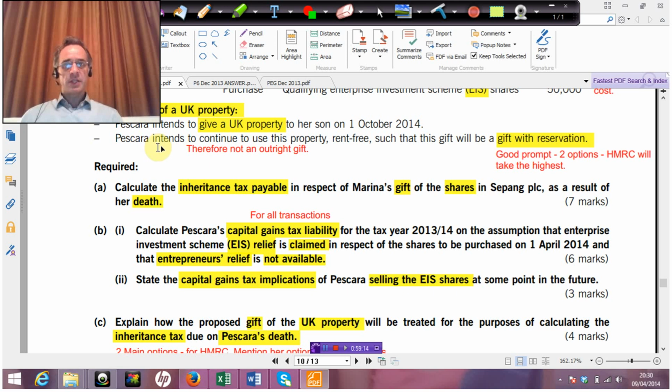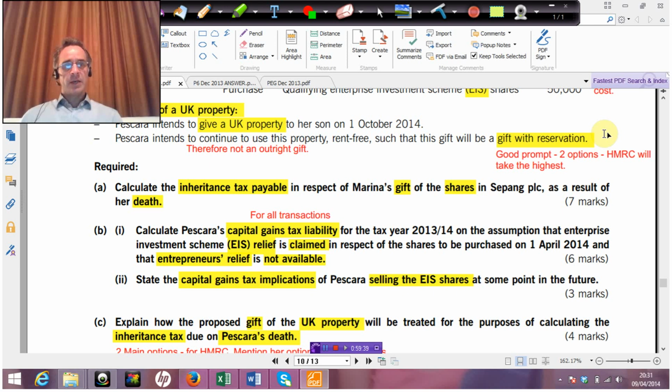He's not unreasonable. He's given us a prompt when he talks about the gift of the UK property, that this gift is a gift with a reservation. What we know by that is that the individual retains a benefit or an interest in the gift, and her interest is that she's living in the property rent-free. So that's a good signpost for us, but it doesn't give us the answer.